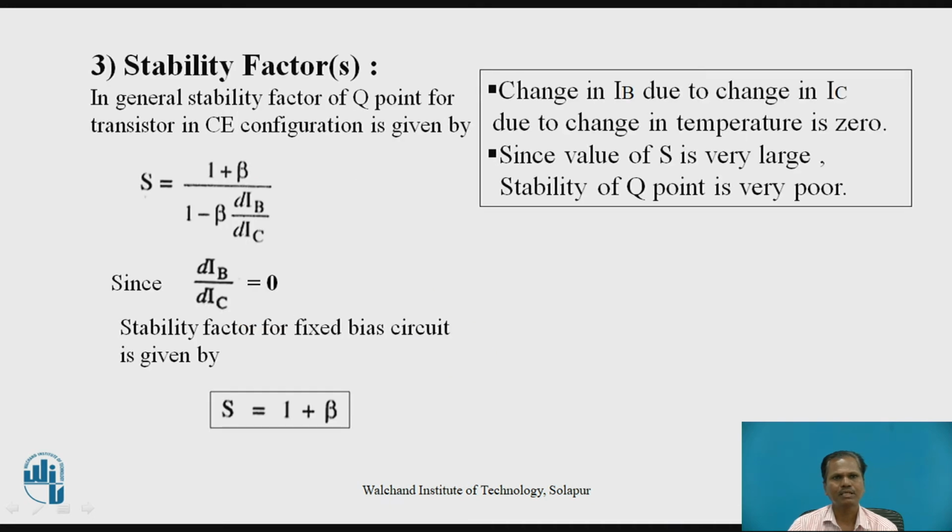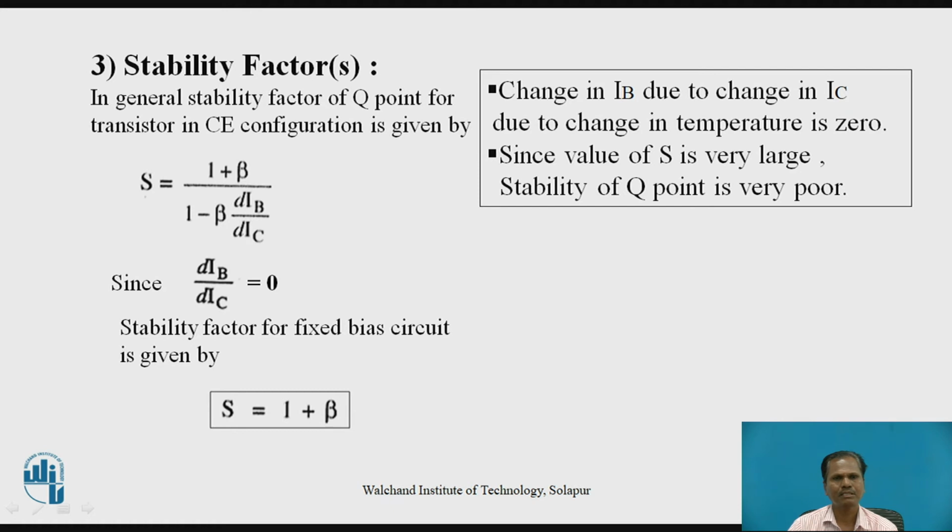Now, let us consider the stability factor for this fixed biasing circuit. In general, the stability factor for the Q point of a transistor in common emitter circuit configuration is given by S equal to 1 plus beta upon 1 minus beta into derivative of IB with respect to derivative of IC. In a fixed biasing circuit, if there is any change in collector current, that does not cause any change in base current, so the base current is fixed.